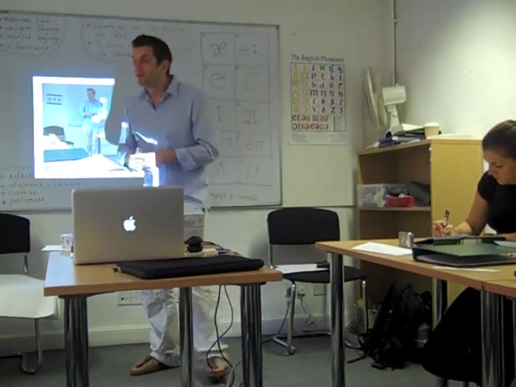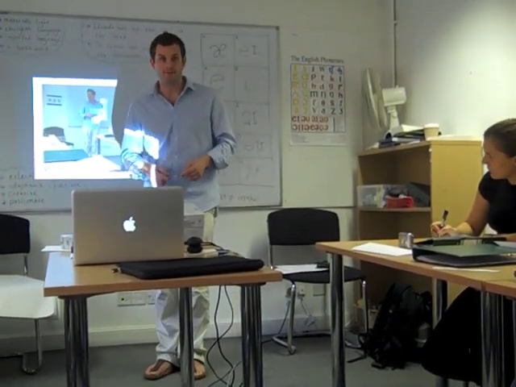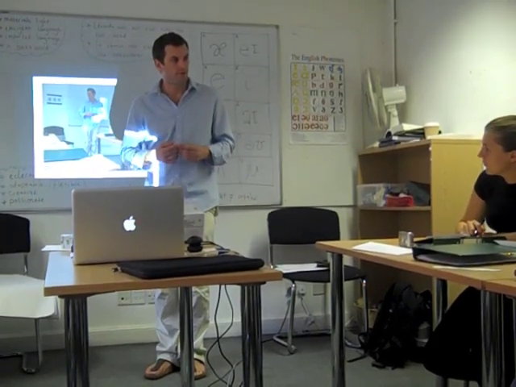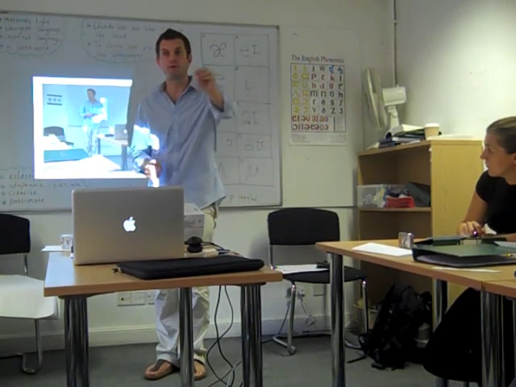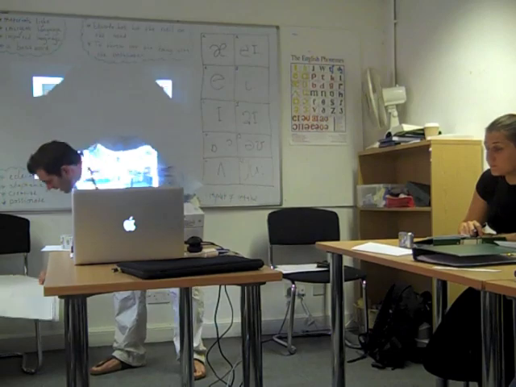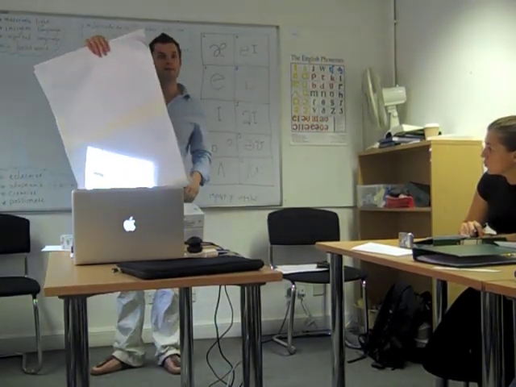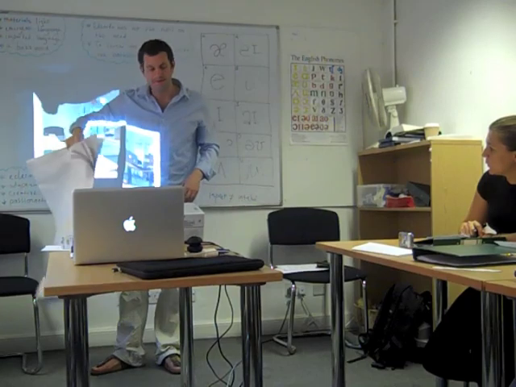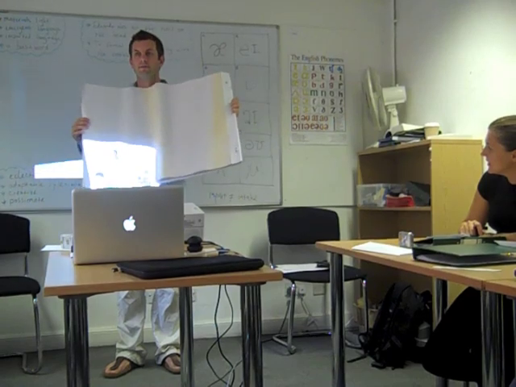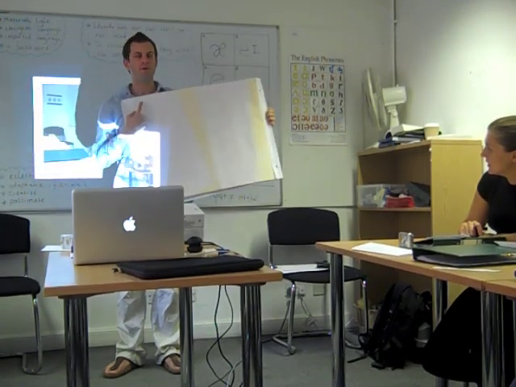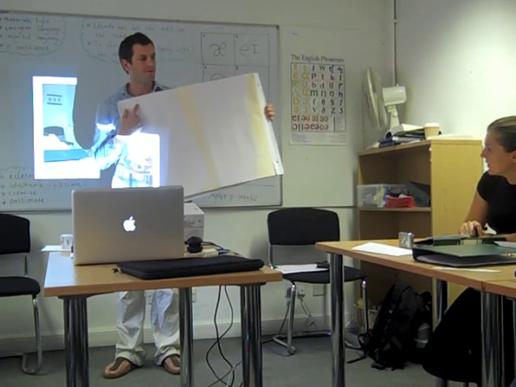Right. This is going to be collaborative. This is one text per group. And this is where you're going to write your text. So I want you to make good use of the whole piece of paper. So you start here. What are the first words? Once upon a time.